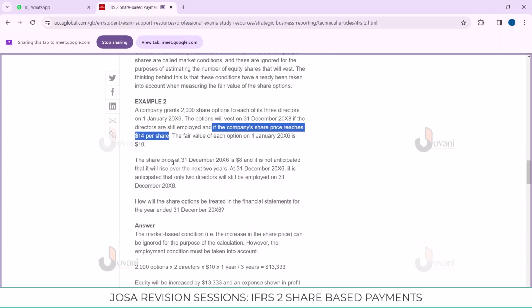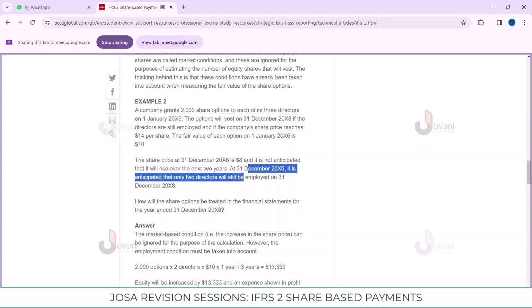They have told you that at 31st December, 2 guys are likely to be employed. So one is going to leave. In the question, they can say it is anticipated that 1 director will leave, meaning that 2 are going to be remaining. They'll just change the phrasing. It will be the same thing.